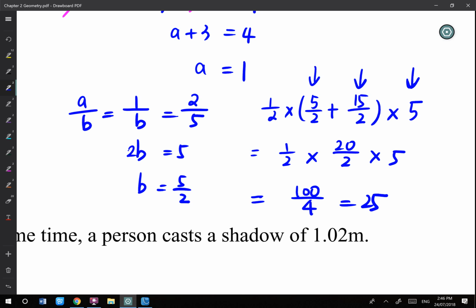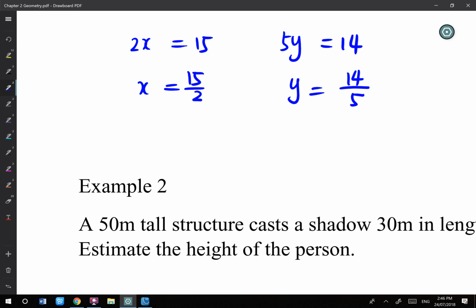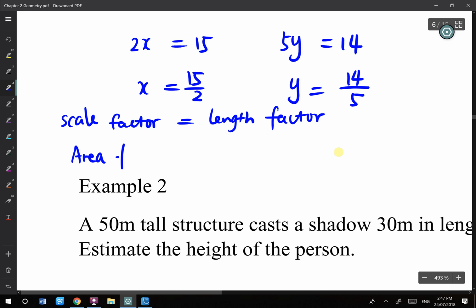Have another way to do this. This is really important, and it's very helpful. Scale factor is a length factor. We have other things called area factor. What's area factor?